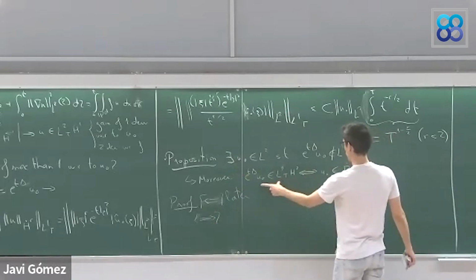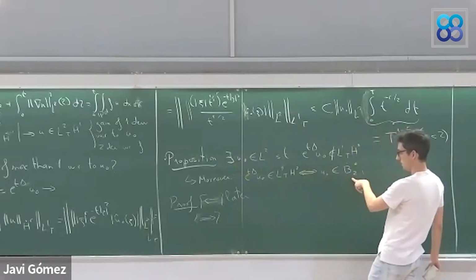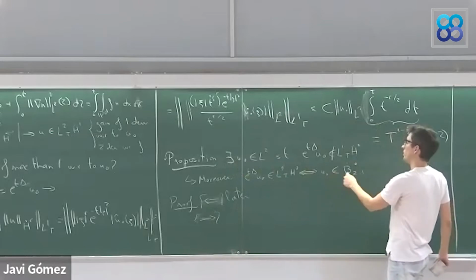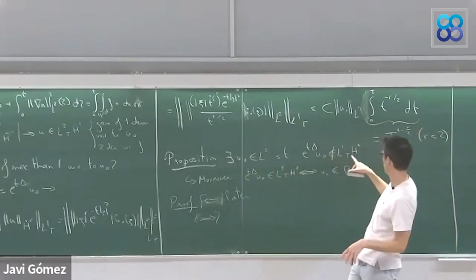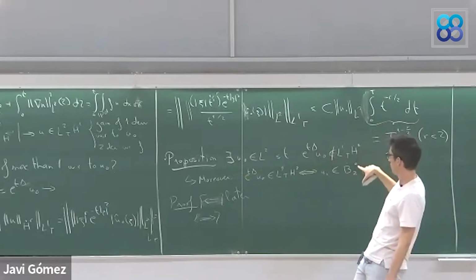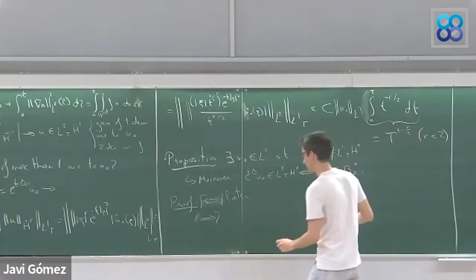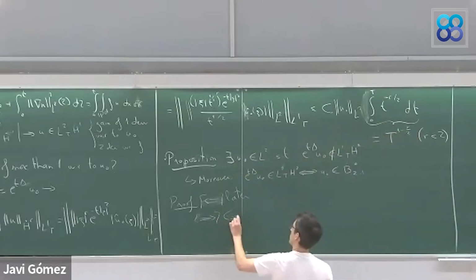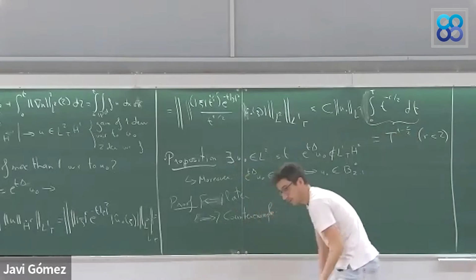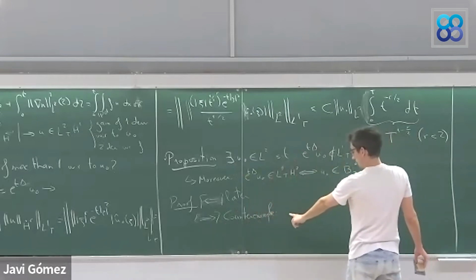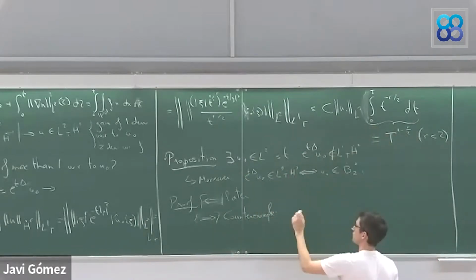So if this is true, then U0 must be here. So if U0 is not here, then this is not. So the counterexample will be explicit. Let's assume that this is true.